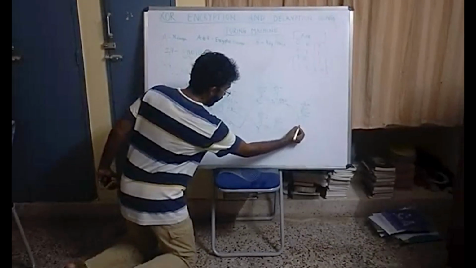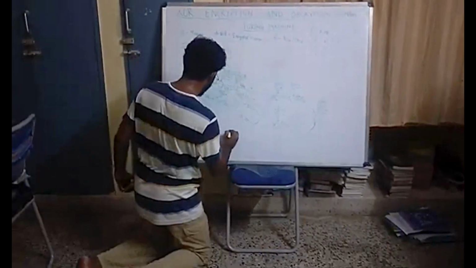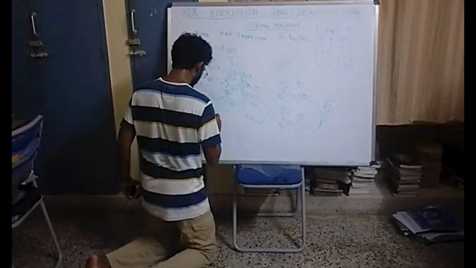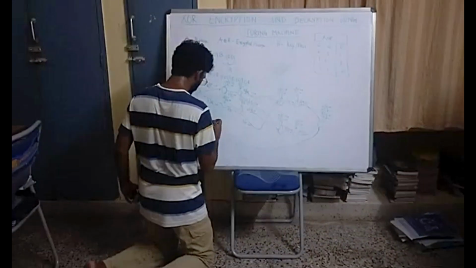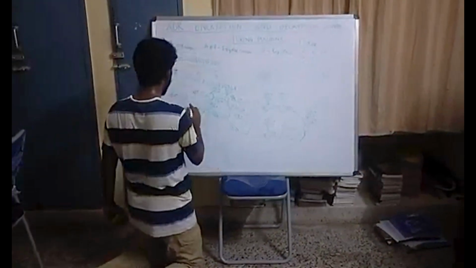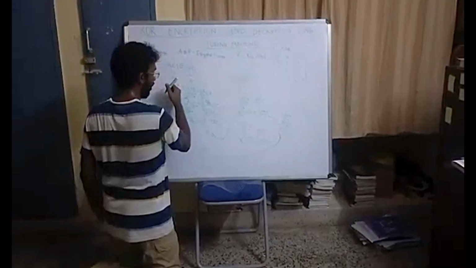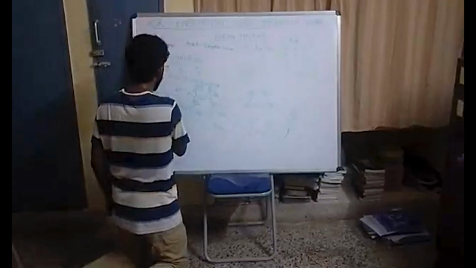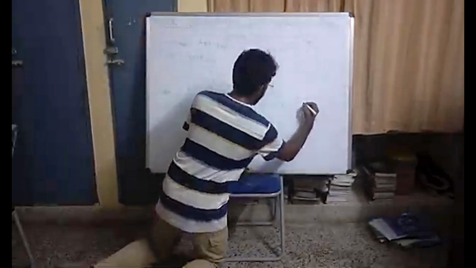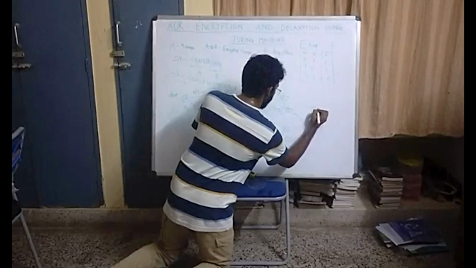So what we are going to do, we are going to repeat this process. As we have encountered P, it will go to the reverse direction, and it will stop when it encounters B, and it will read through B's also.